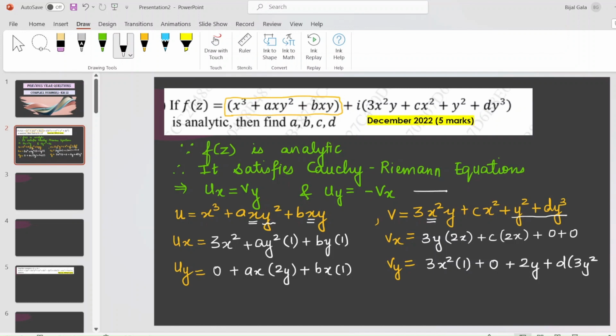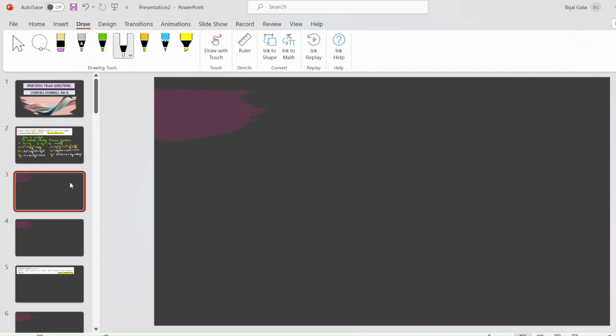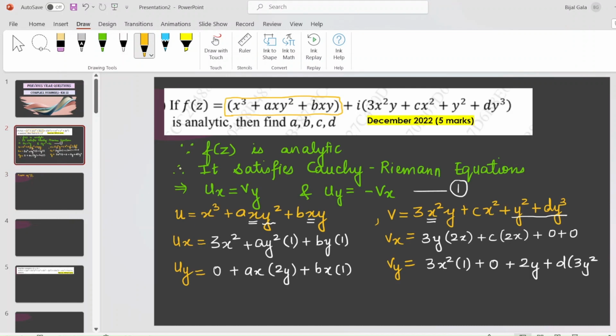Okay, so let me call the Cauchy-Riemann equations equation number 1 and substitute these values in equation number 1. So from equation 1, we'll substitute the values there. The first part of equation 1 is ux equal to vy.